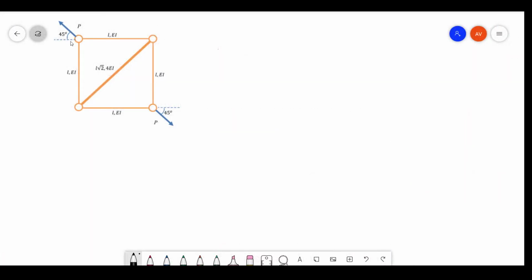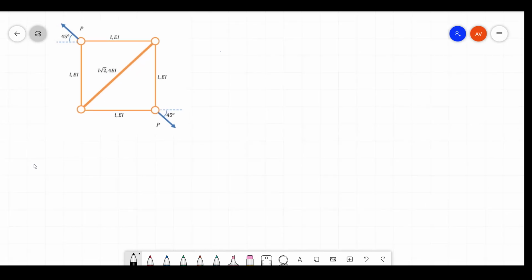Going further into the problem, let me just draw this here again. I have four members like this, and a center truss element like this.